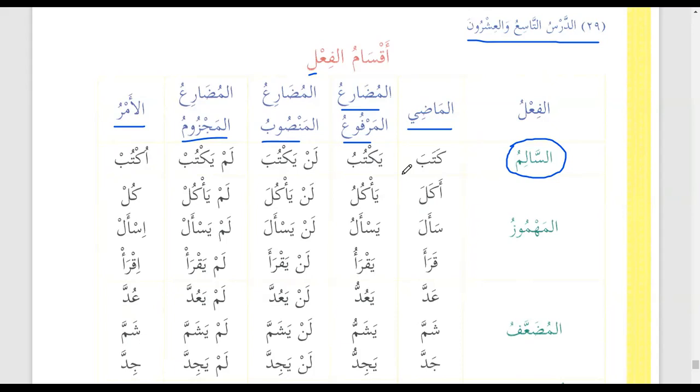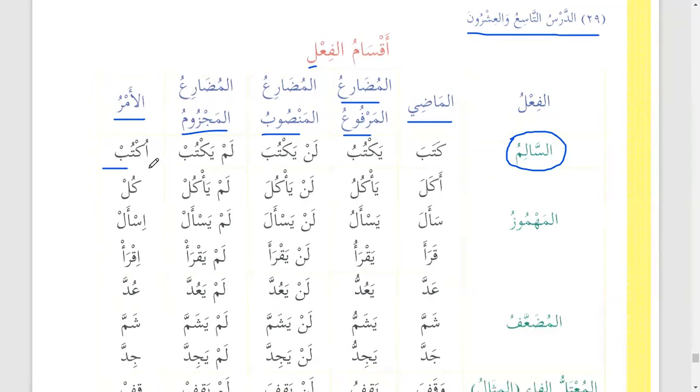So if it doesn't have hamza, if it doesn't have tashdid, and if it doesn't have waw and ya, then we call it salim. As we can see here, kataba doesn't have hamza, it doesn't have tashdid, and it doesn't have waw or ya. So that's why it is called as-salim. We call it as-salim, okay?